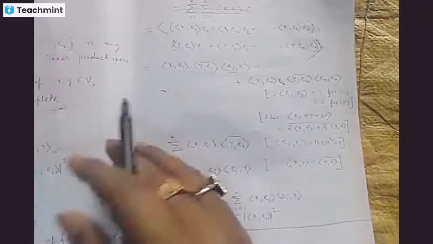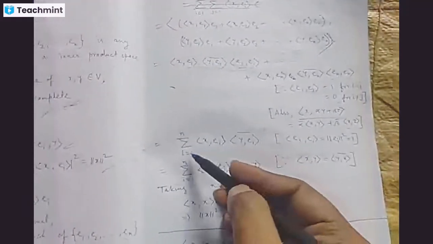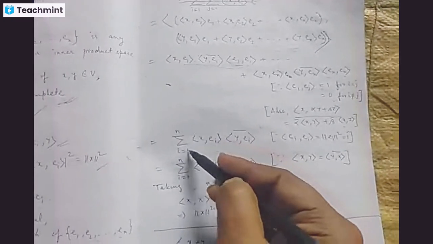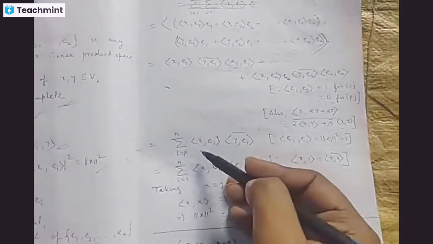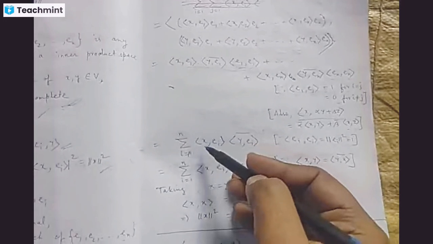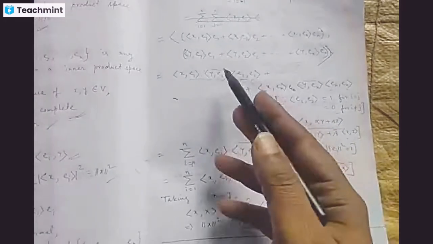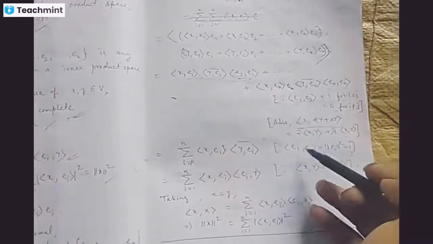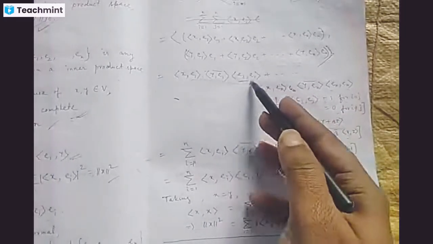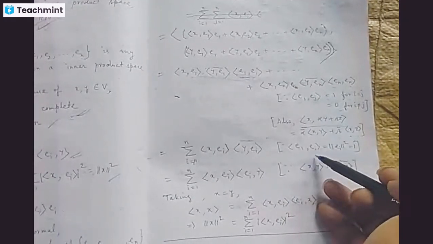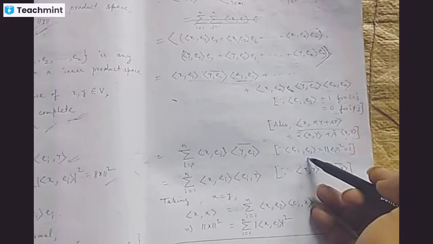Now we'll take it in summation form again. So summation i equal to 1 to n, inner product of x and e_i, and the inner product of y and e_i under bar, and this will be equal to 0 because the inner product of e_i with e_i, the same, will be norm of e_i square, which is equal to 1.